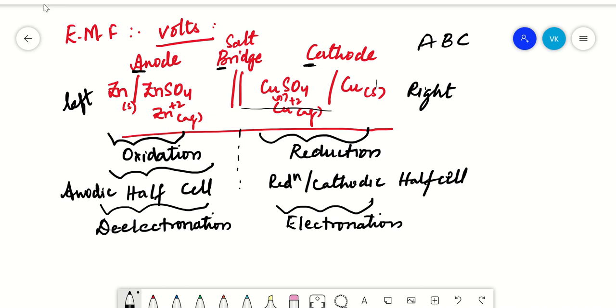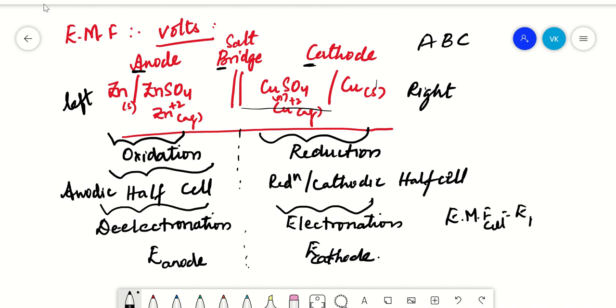Now, this is called E anode. EMF of anode and EMF of cathode. This is your complete cell. Now EMF of your cell will be equal to E of anode plus E of your cathode.